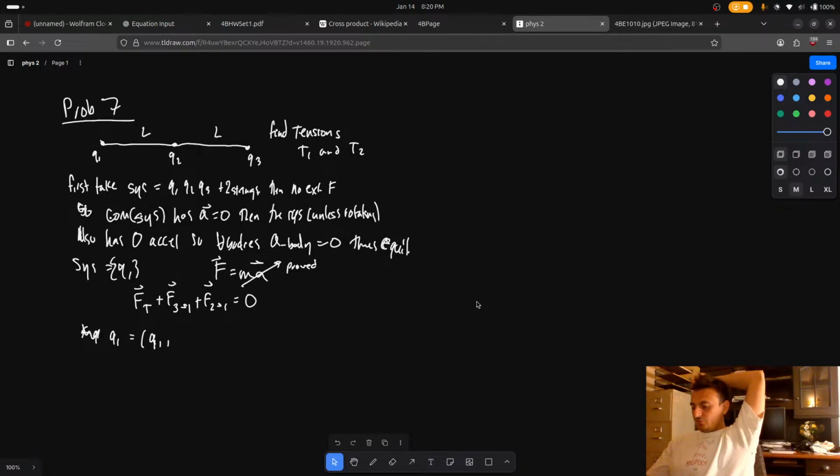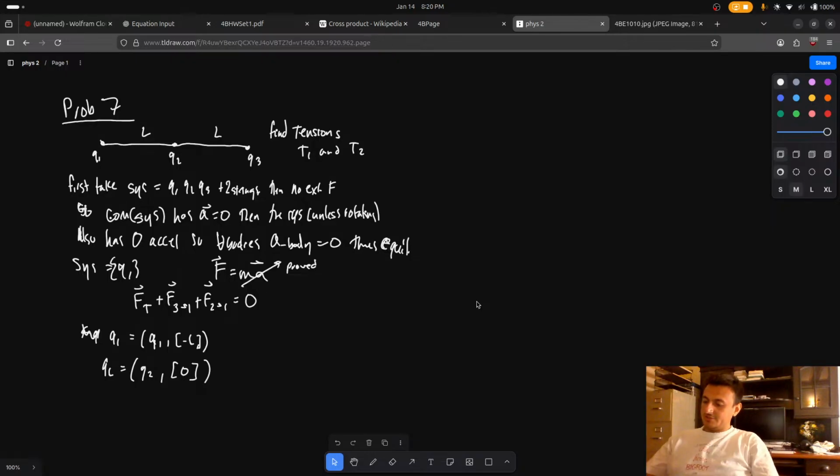So it's gonna be Q1 at minus L, and we can just leave it like this because it's in a line. Then Q2 is equal to another magnitude Q2, at 0. So this is the origin. And then Q3 is equal to Q3 at L. Okay, good.